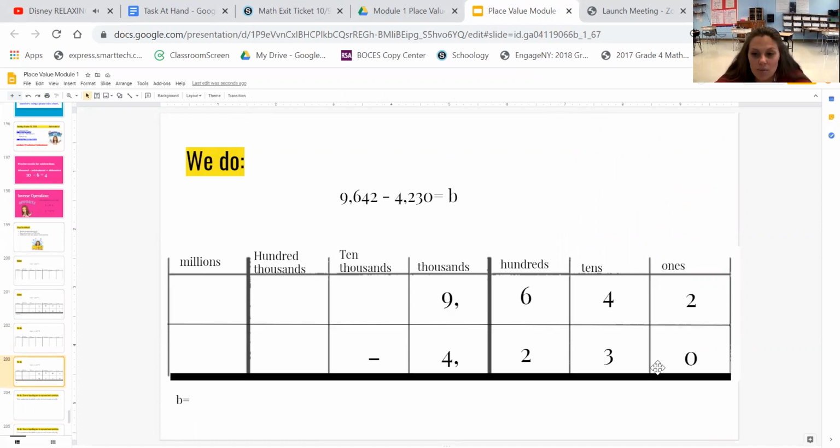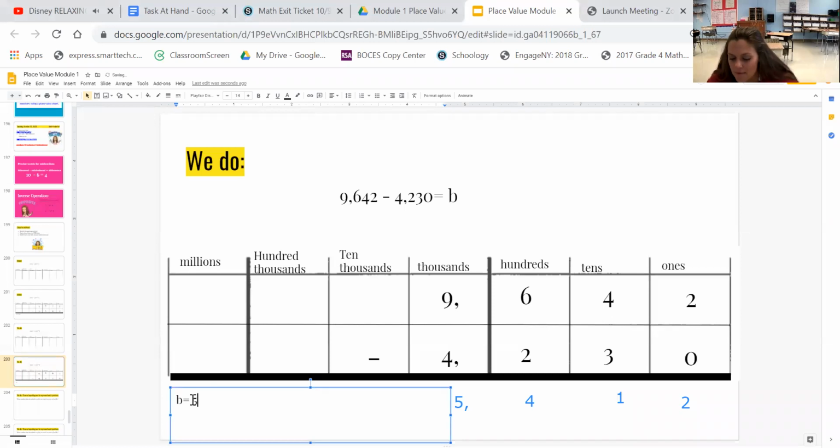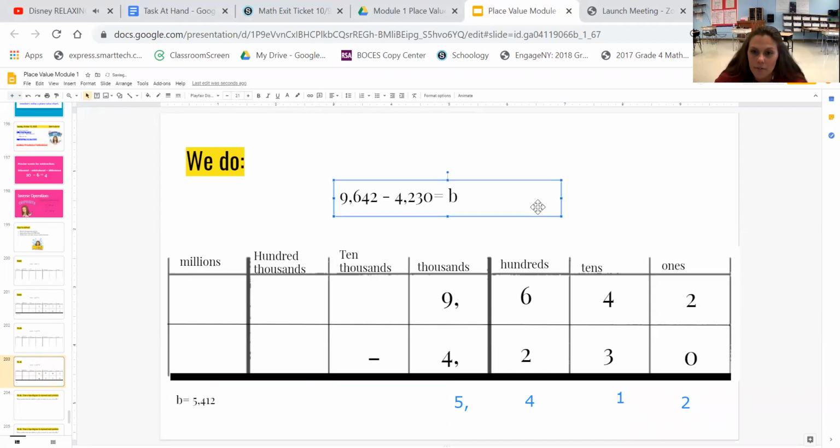Okay, hopefully when you did this, you subtracted starting in the ones place first, and you kept going to the bigger place value, and you were left with a difference of 5,412.